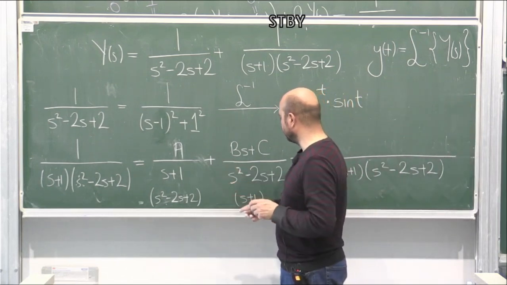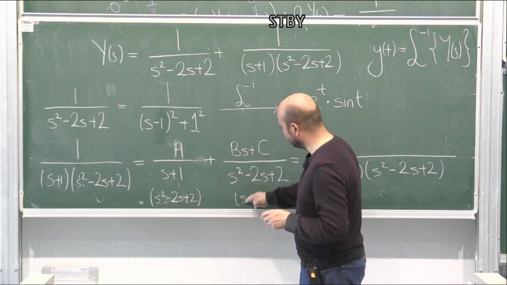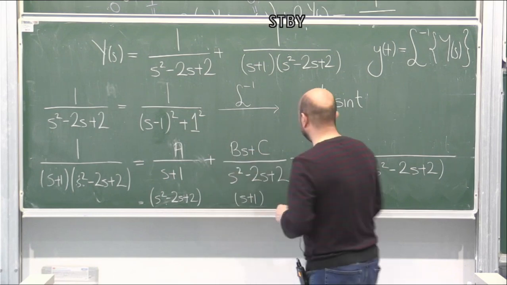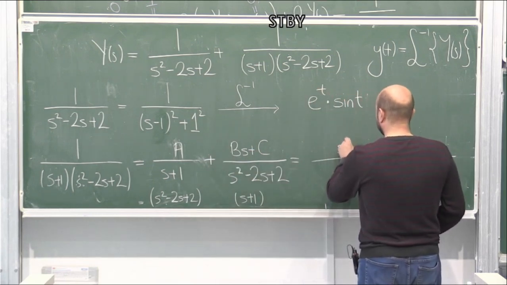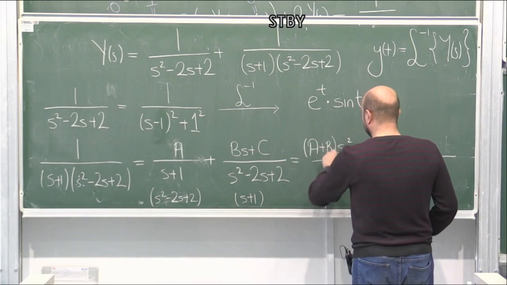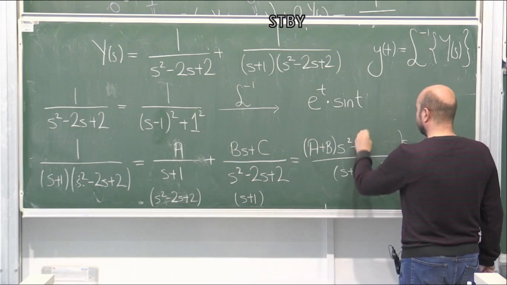If you look, we have as squared and here bs squared. So we have s squared terms with coefficient a plus b. Now how about the s term? What is the coefficient of s?